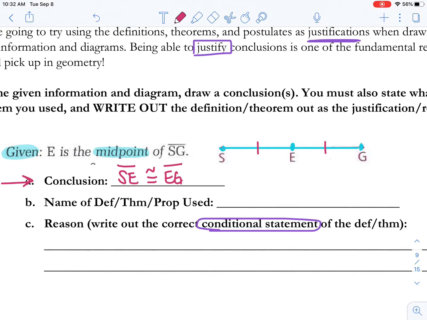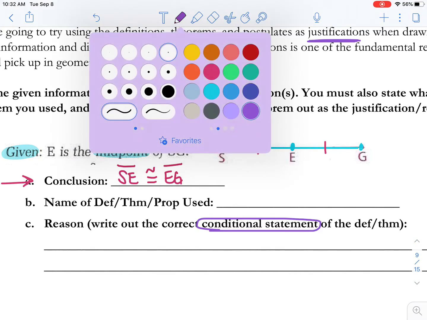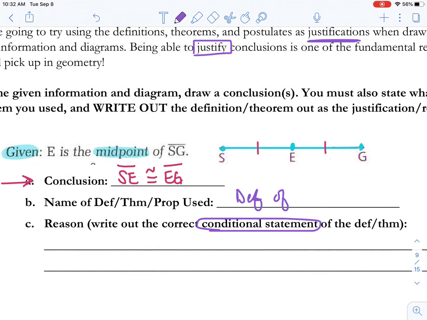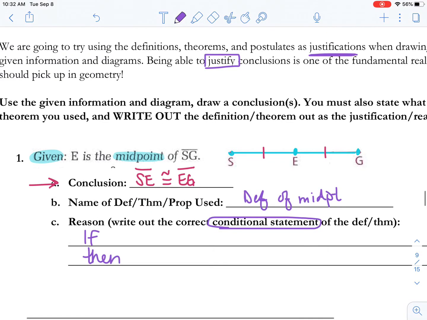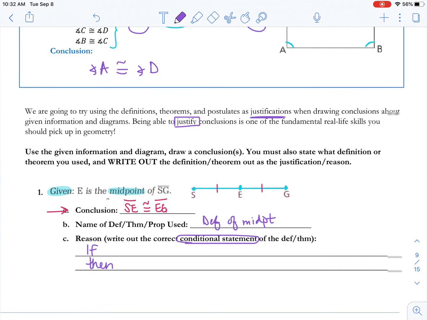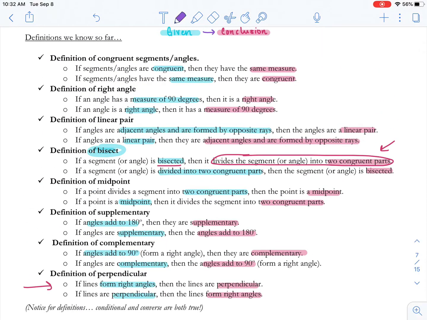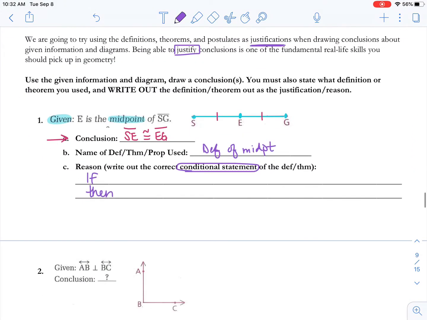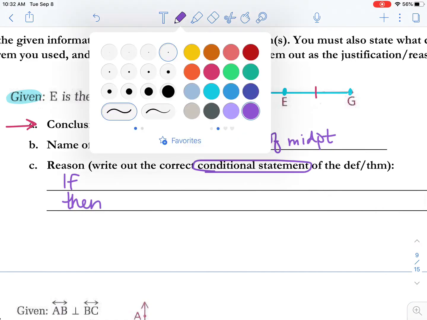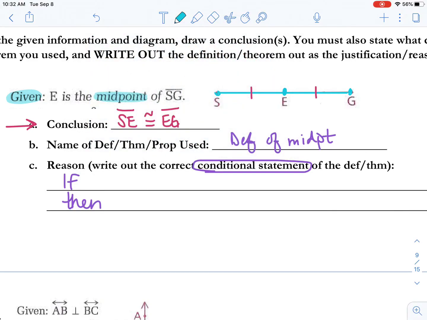What is the name of this definition, theorem, property that we used? Well, it's the definition of a midpoint. And now we need to write it out in if-then form. So this is where we have to be very particular about the order that we're writing. If we scroll up to what we had started with, the definition of a midpoint is here. Notice there are two ways we can write it as a conditional statement, and all it does is it switches the order. So we need to make sure our hypothesis, our if, is what was given to us.